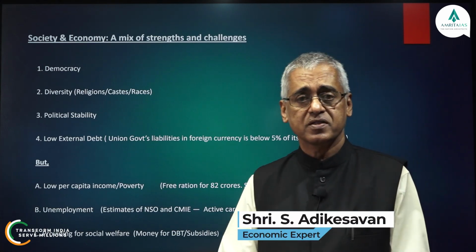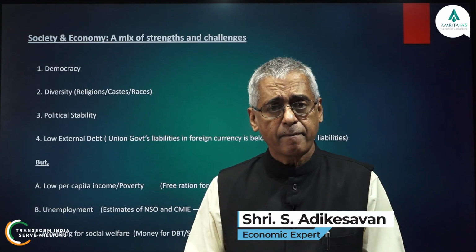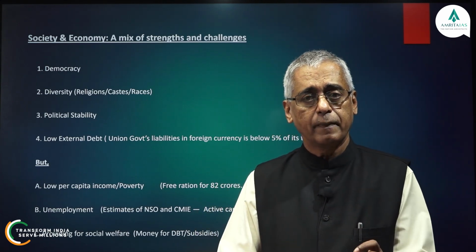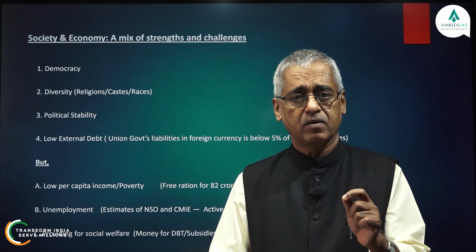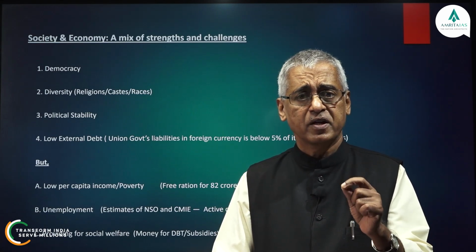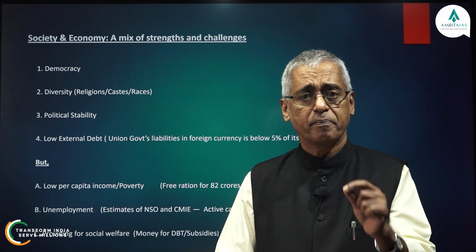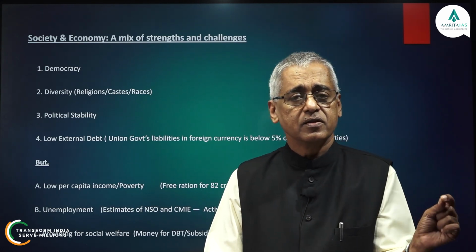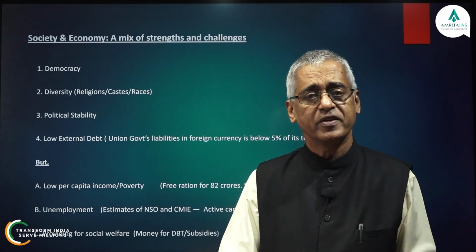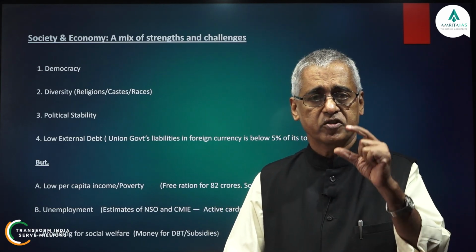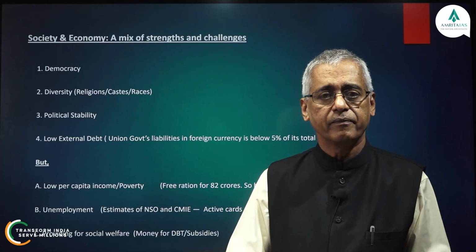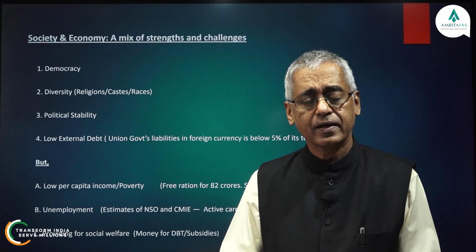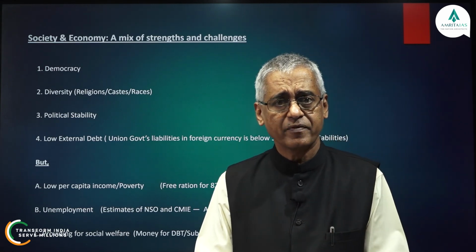We have democracy. Uniquely among the developing nations, India must be the only example of a large developing country which has stuck to the path of democracy over its last 75 plus years of independence, except for a short period during the emergency which was declared in 1975 and which was lifted in 77.